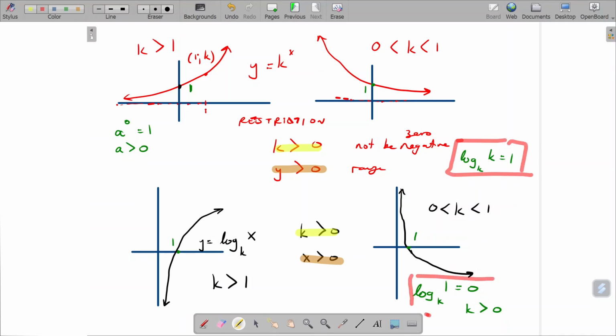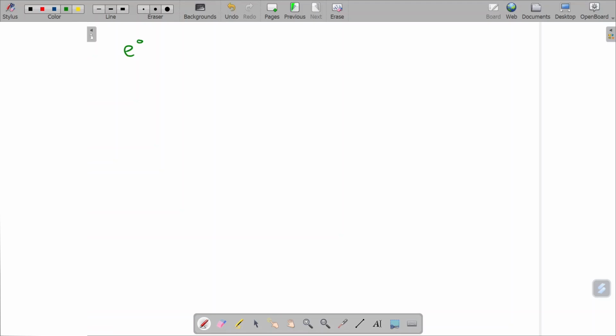Okay, now again, what's quite interesting here is we are now starting to refer to the log identities, key things that are true for all logarithms. We know that there are exponential identities. So if we go back, a to the naught equals 1 if a is greater than naught.